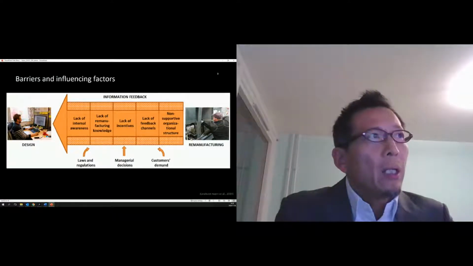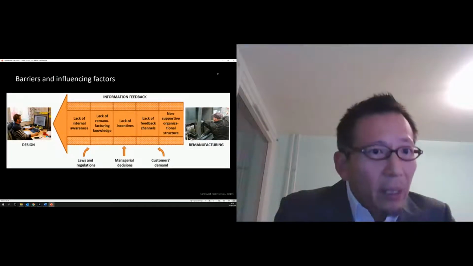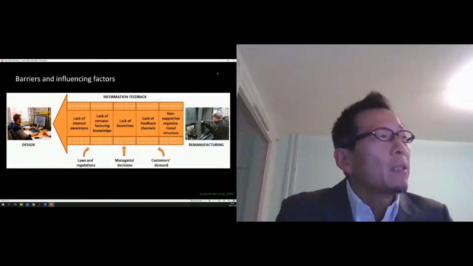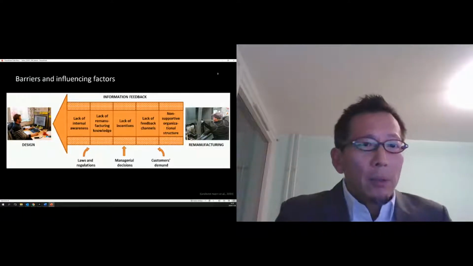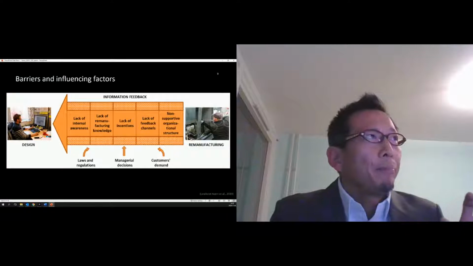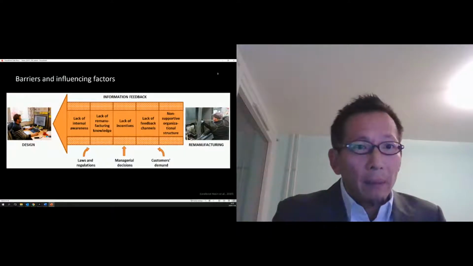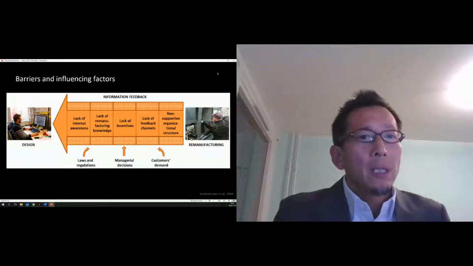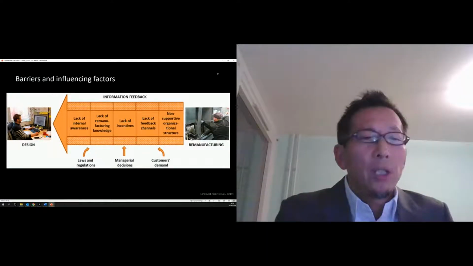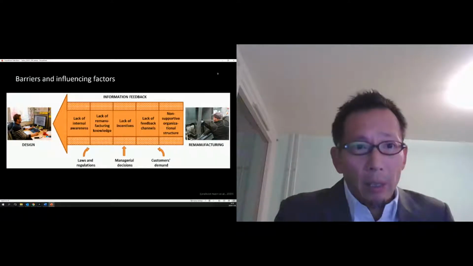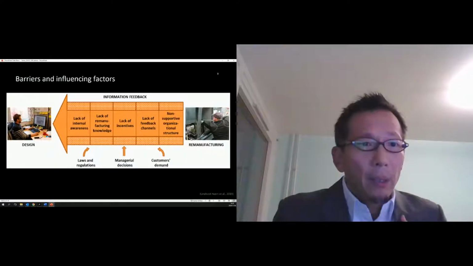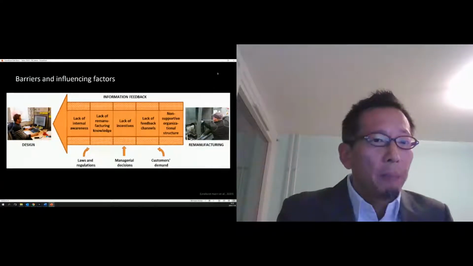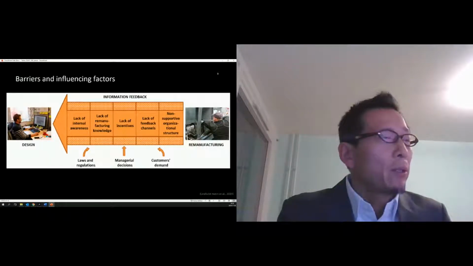Other barriers are lack of feedback channels, lack of incentives, lack of Reman knowledge, and lack of awareness of Reman as such. But on the other hand, you can see 3 factors that can function as enablers, such as customers' demand, managerial decisions, and laws and regulations that can support to overcome these barriers for the feedback from Reman to design.